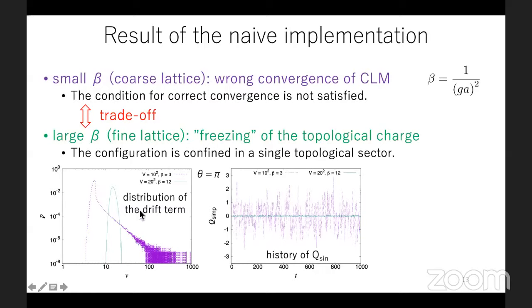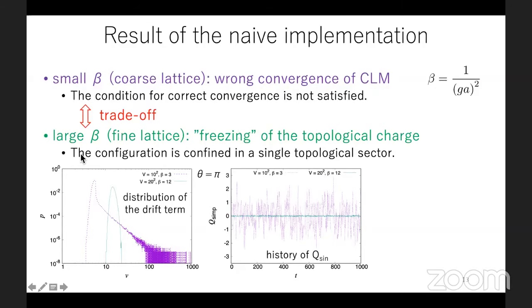This is the distribution of the drift term in a log-log plot. You can see that it shows power law behavior. The distribution has to fall faster than exponentially, so in this case that condition is not satisfied. On the other hand, if we choose a large beta, which corresponds to a fine lattice, so-called freezing of topological charge happens.